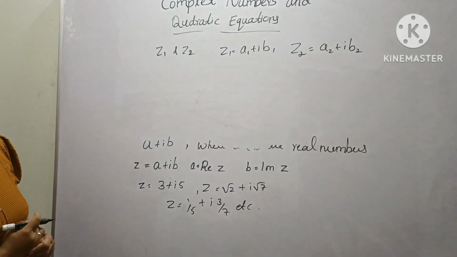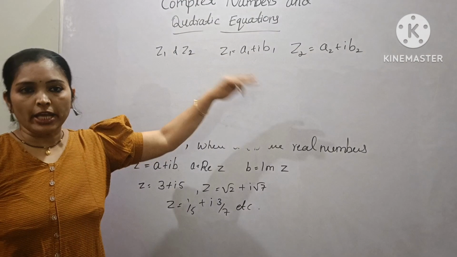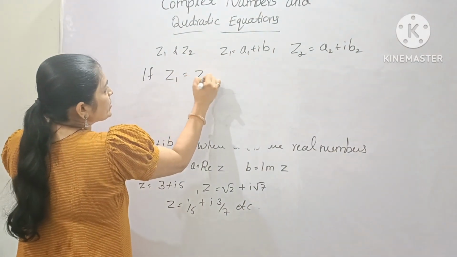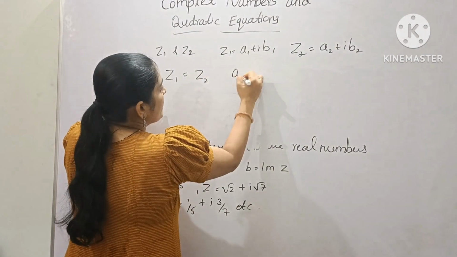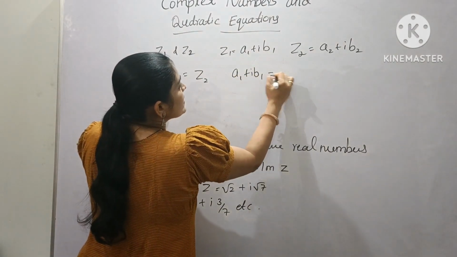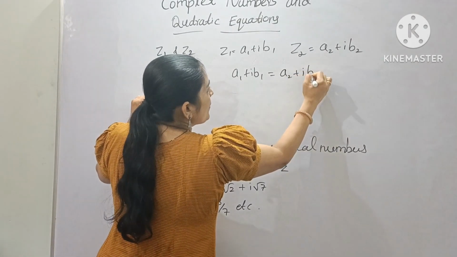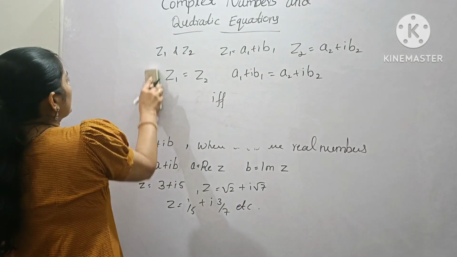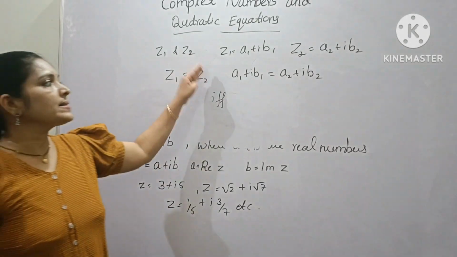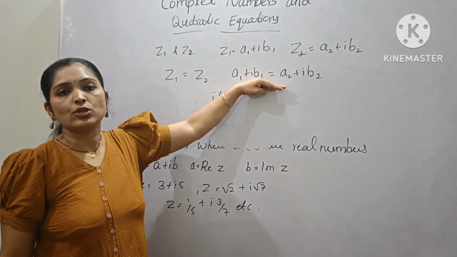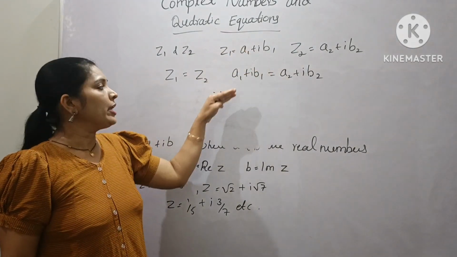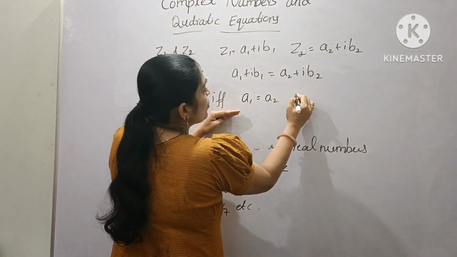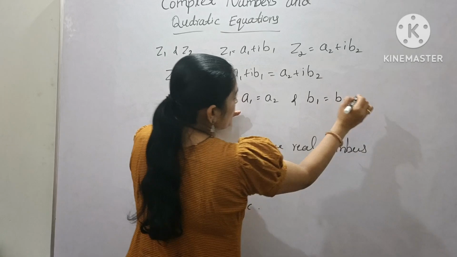If these two numbers are equal, that is, if z1 is equal to z2, that is a1 plus ib1 is equal to a2 plus ib2, if and only if a1 is equal to a2 and b1 is equal to b2.